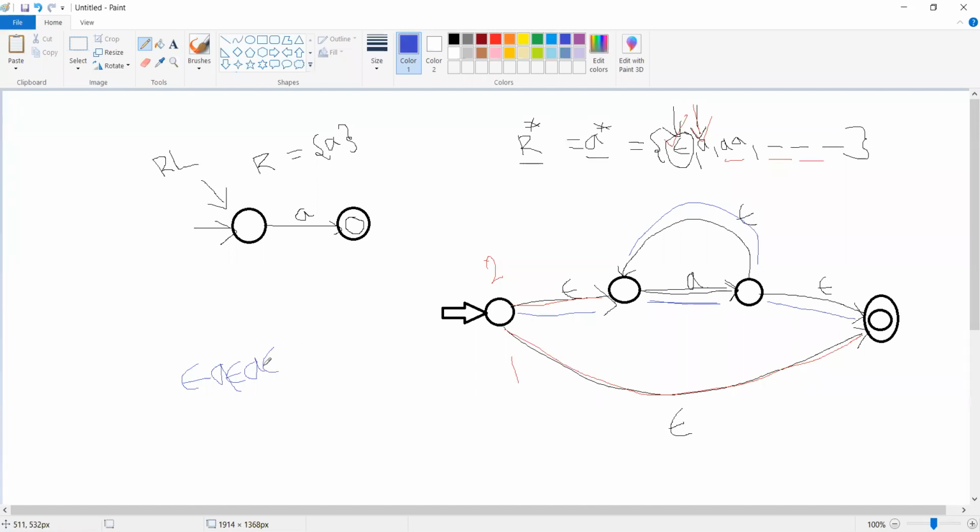Now you can see here epsilon into small a into epsilon into small a into epsilon, it will result in a into a, which is a square. Okay, now if you observe, if you do like this only, you will get a cube also, a power 4 also, a power 5 also.